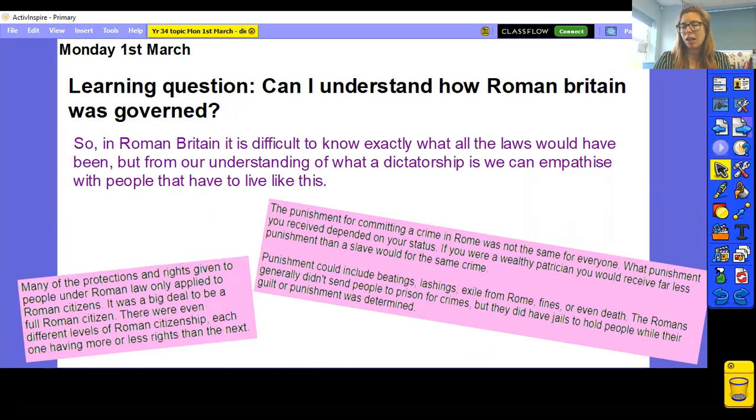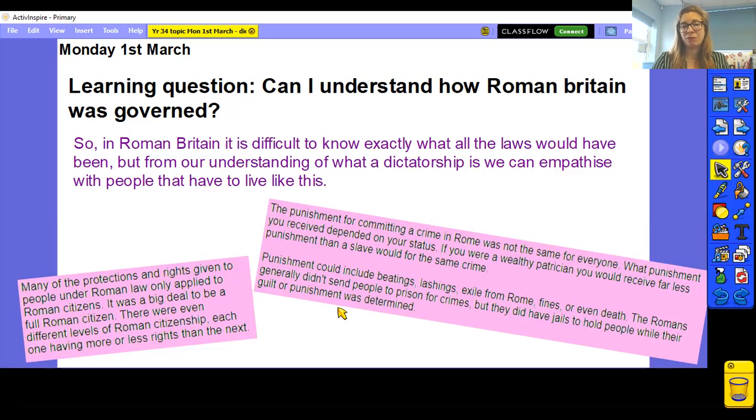So in Roman Britain, it's difficult to know exactly what all the laws would have been, but from our understanding of what a dictatorship is, we can empathise with the people that have to live like this. Now, I have got a couple of little facts here about Roman Britain. So many of the protections and rights given to people under Roman law only applied to Roman citizens, and it was a big deal to be a full Roman citizen.